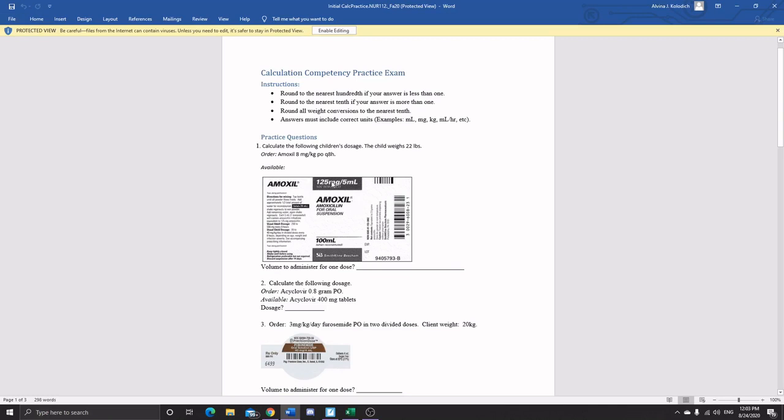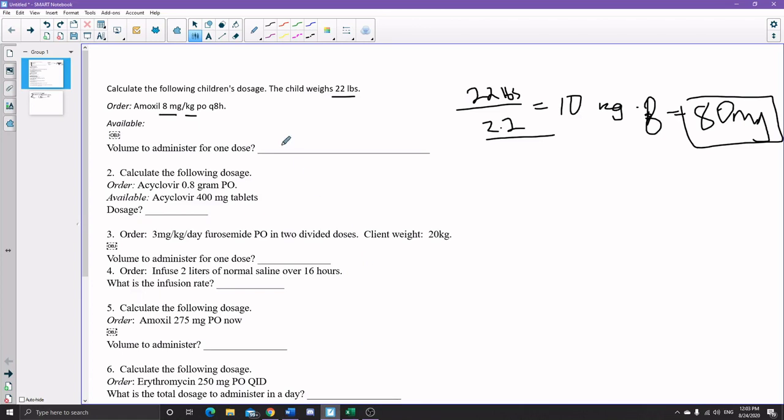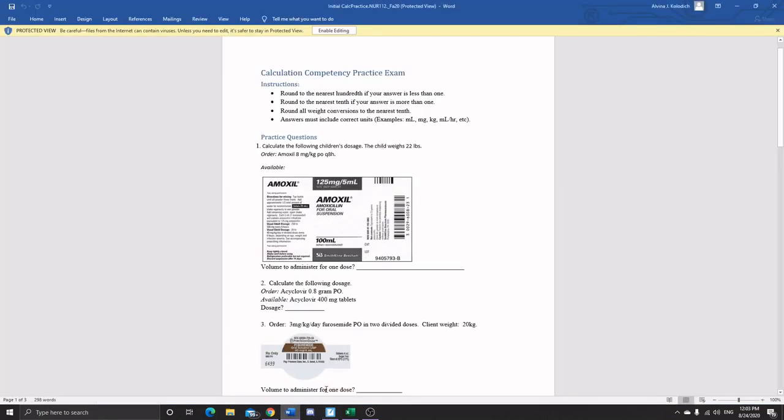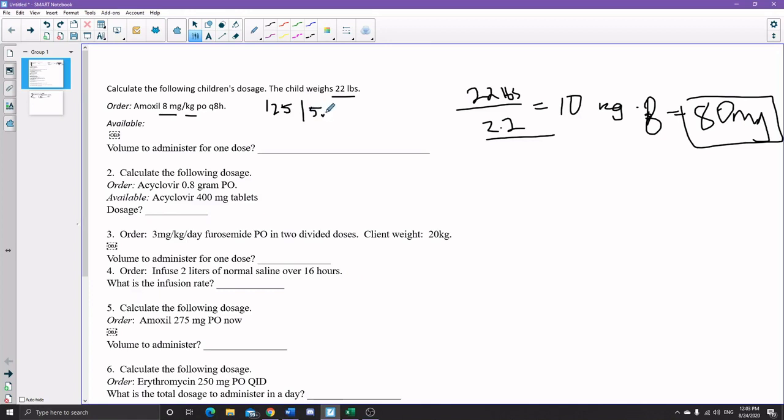Okay, so let's write that down here. 125 mg divided by 5 milliliters. Okay, so now we take our 80, we divide by 125, then we multiply by 5 milliliters to get our volume.